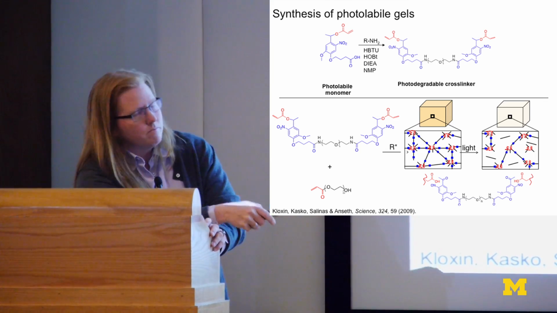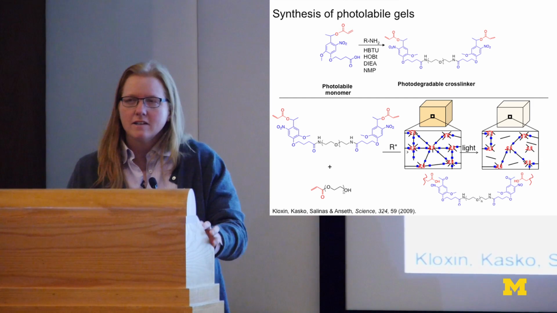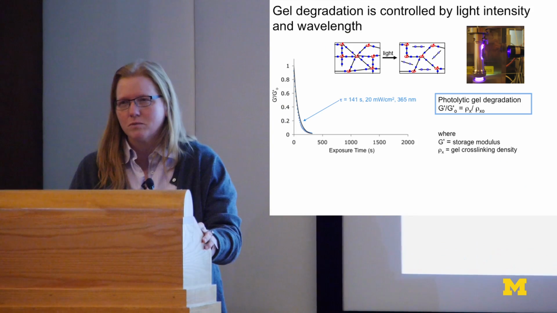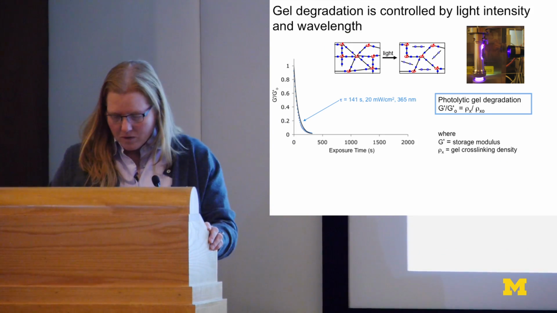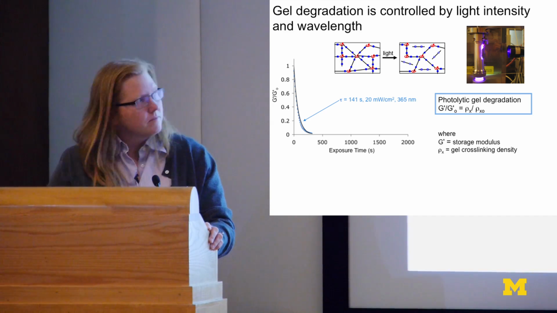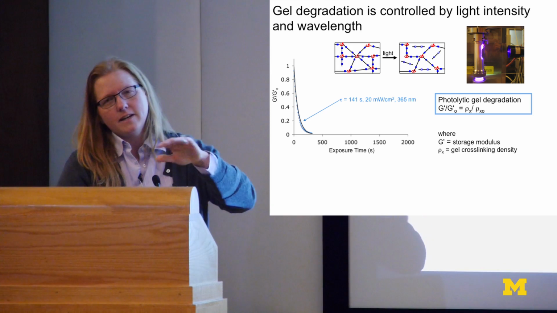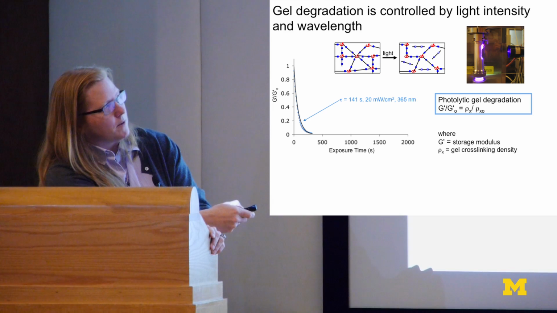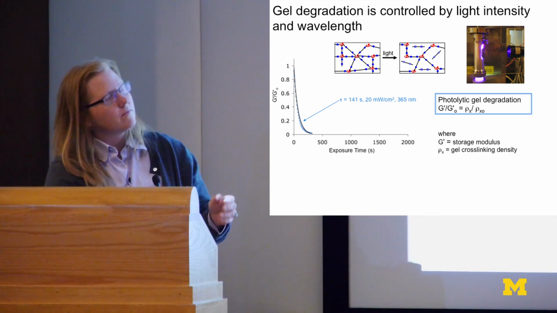But if we want to be able to make these changes and have user-dictated changes in these environments, the first thing we had to do is make sure that we could change the material properties and change them in a predictable and controllable manner. So what we did was we synthesized different gels, and then we put them on a rheometer. So just a little device that can shear these hydrogels. And it just so happens that the modulus of this gel is very, very sensitive to how cross-linked it is.